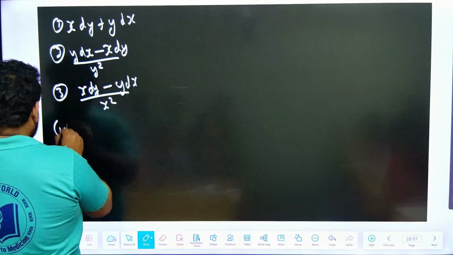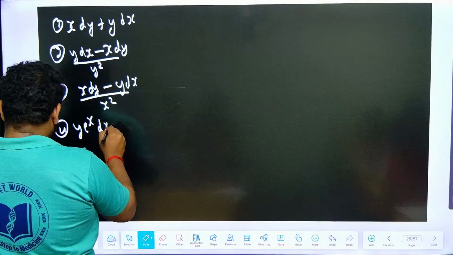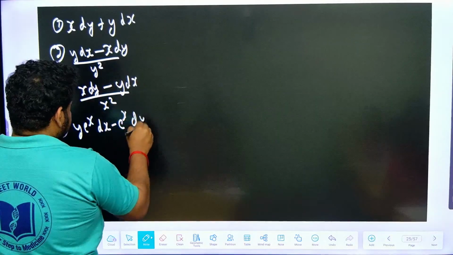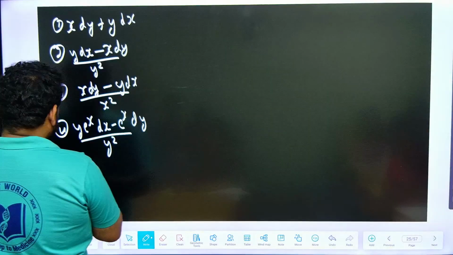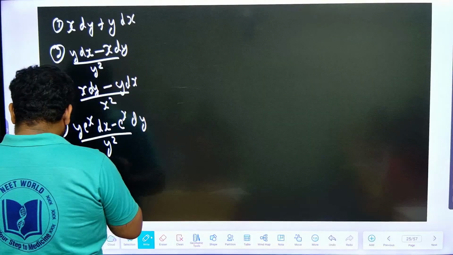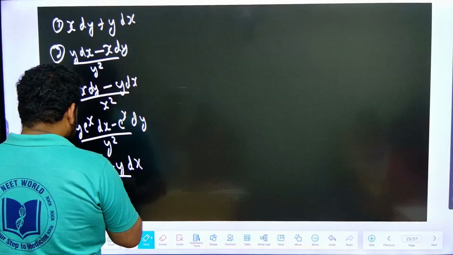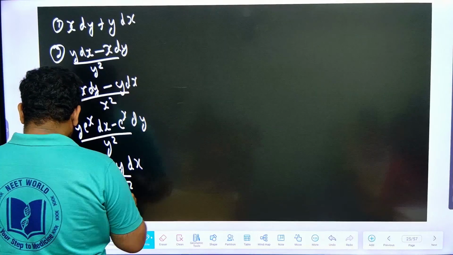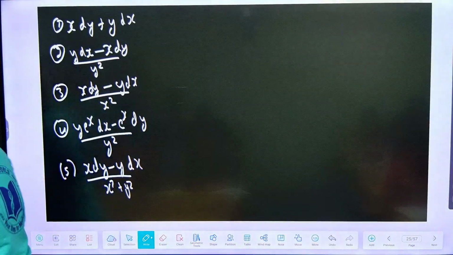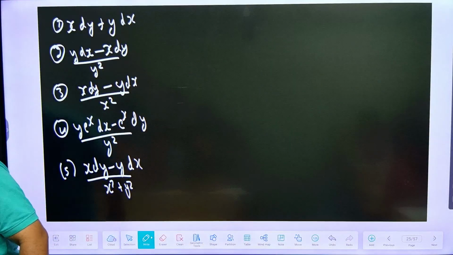Fourth is y into e power x dx minus e power x dy by y square. Fifth one is x into dy minus y into dx by x square plus y square. Keep it till here. From here I will explain.